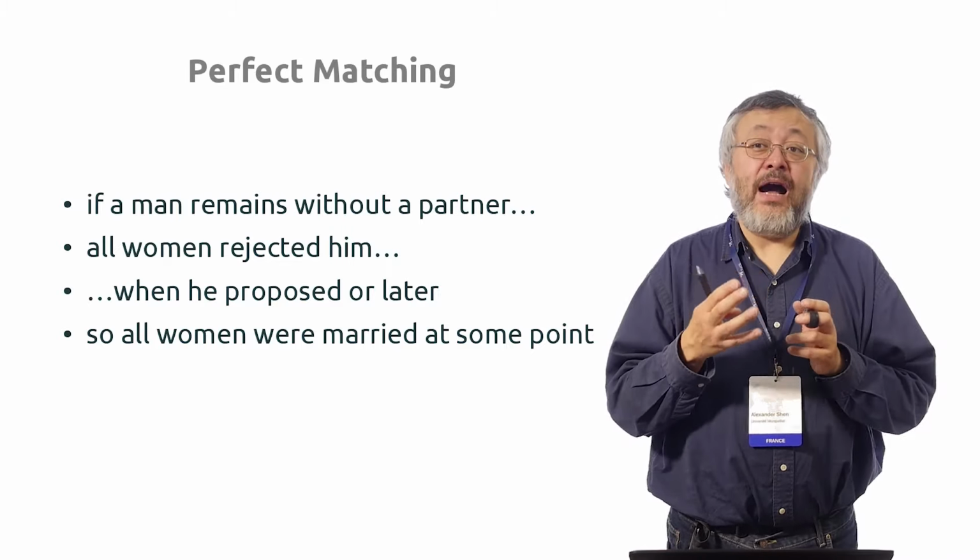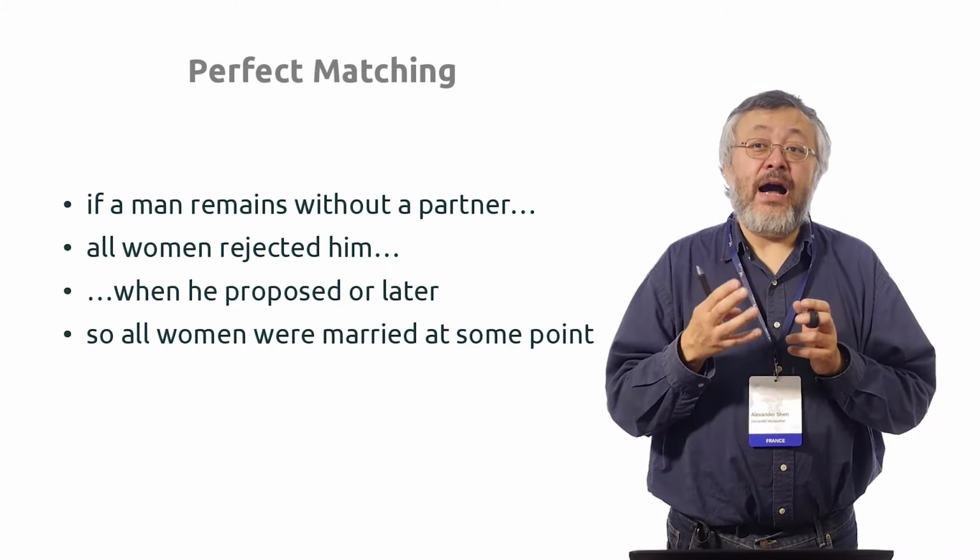So if they were married, they remain married later, until the end. And then of course we get a contradiction, because all women are married and some man is not, and we have the same number of women and men by assumption. This is called the pigeonhole principle, which says that it's not possible. So we have a perfect matching.